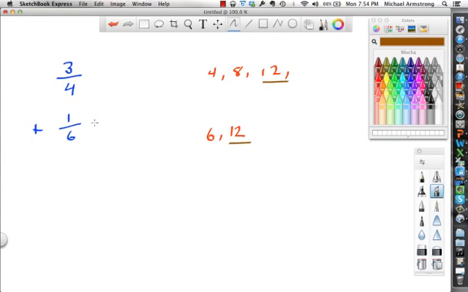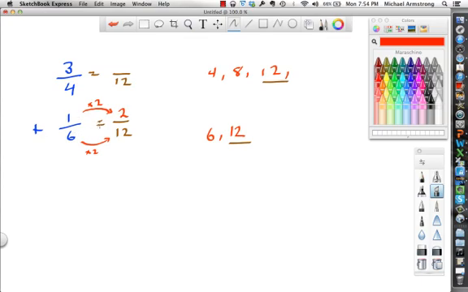So I just have to change 1/6 into a certain number of twelfths. And I need to change my fourths into the same number of twelfths. Okay? And this time we can just notice that 6 times 2 is 12, so 1 times 2 is 2.